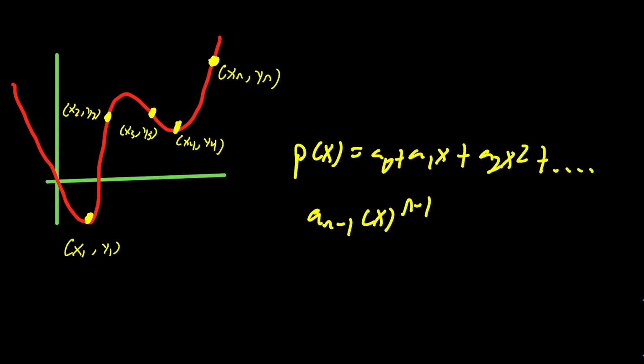This procedure is called polynomial curve fitting, where all the x coordinates are distinct, and there's precisely only one polynomial function of degree n minus 1 or less that fits the points as shown in the graph.